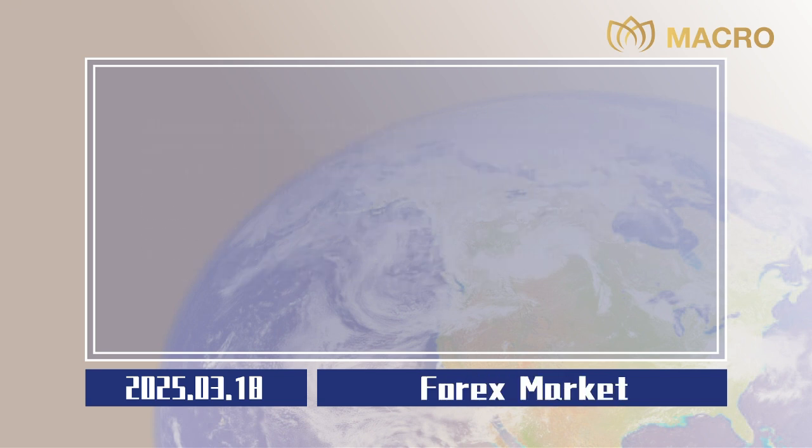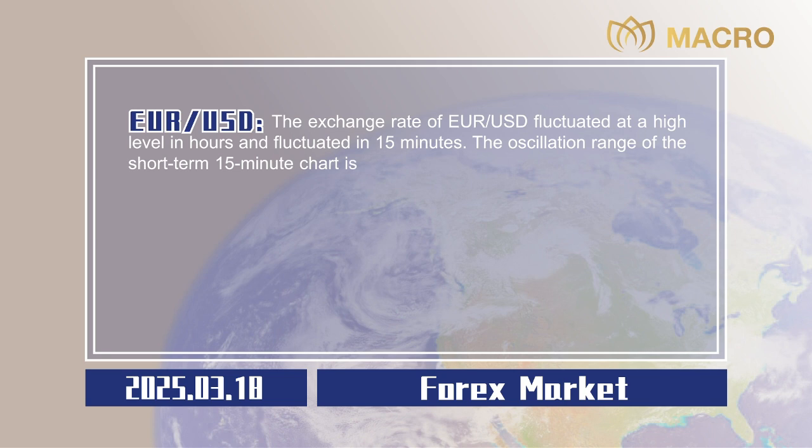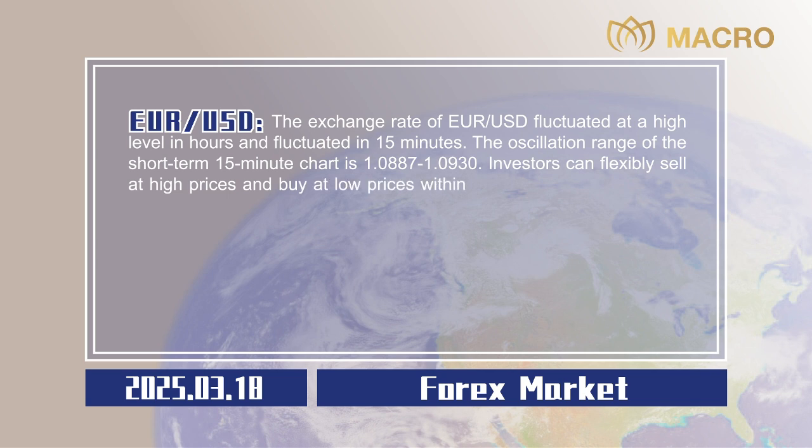Forex market. Euro to US dollar. The exchange rate of euro to US dollar fluctuated at a high level on the hourly chart and is in oscillation on the 15-minute chart. The oscillation range of the short-term 15-minute chart is 1.0887 to 1.0930. Investors can flexibly sell at high prices and buy at low prices within this range.